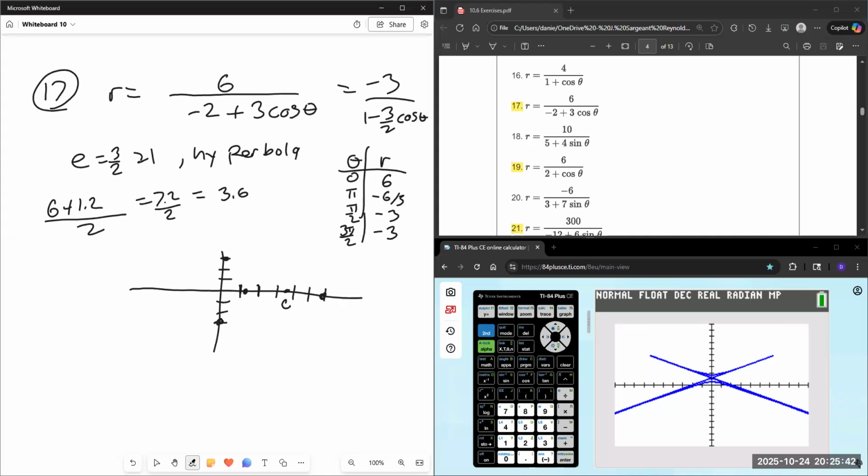And so when I go 1.2 to the right of this one, I'm also at 3 and -3. And my hyperbola is opening to the right here. I have some asymptotes that are going to box this in.